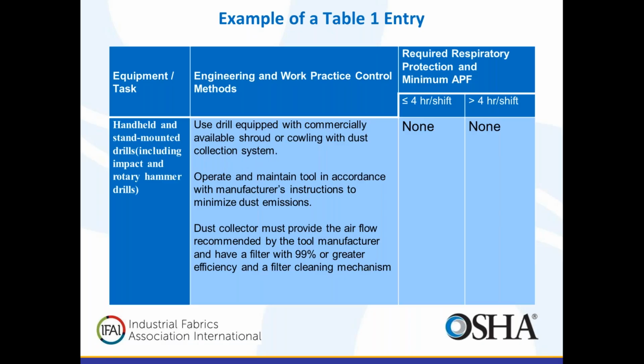What I did is I took 2 of the 18 different tasks that are listed in the table and put them on a screen here for you. Basically, these are the ones that I think your employees will be participating in the most. The first one is handheld or stand-mounted drills, including impact and rotary hammer drills. On the left side, it has the equipment task listed. In the center, it tells you what kind of tools you want to use and what kind of work practice and engineering controls you need to use in order for those tools to be effective.